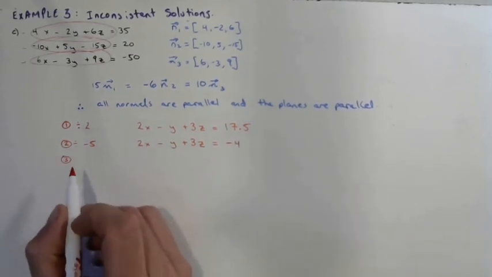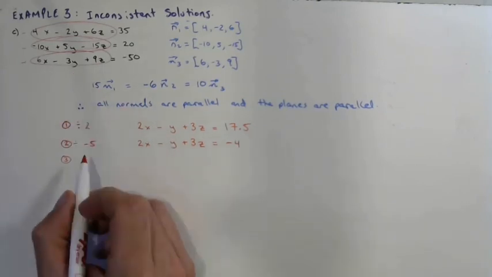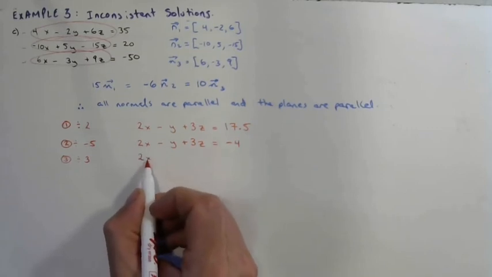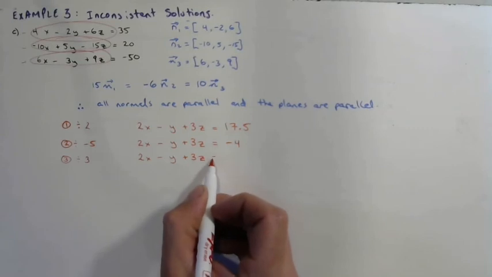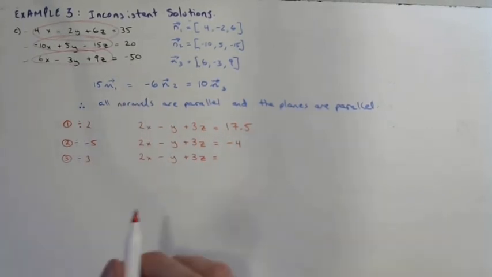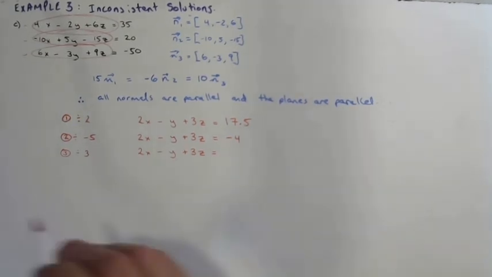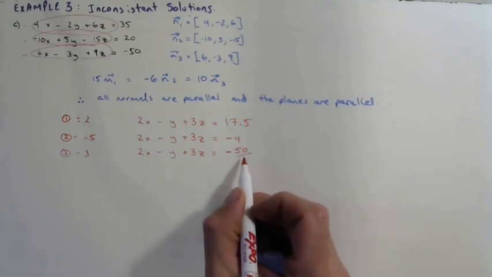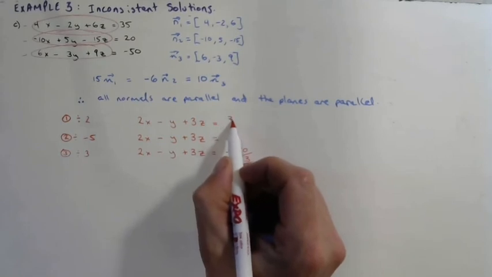And equation 3, I'm going to divide by 3. That gives me 2x minus y plus 3z equals -50 divided by 3, which is just under 17. I'll just leave that one as a fraction.